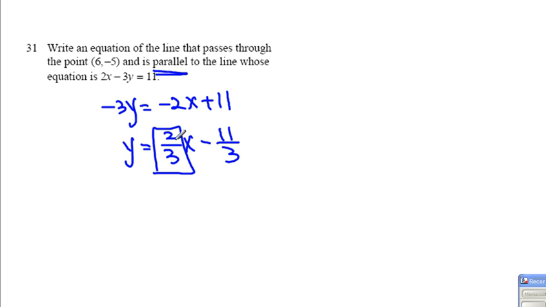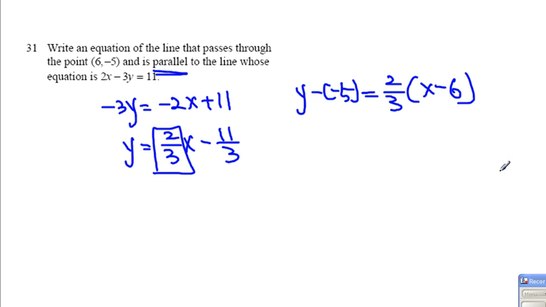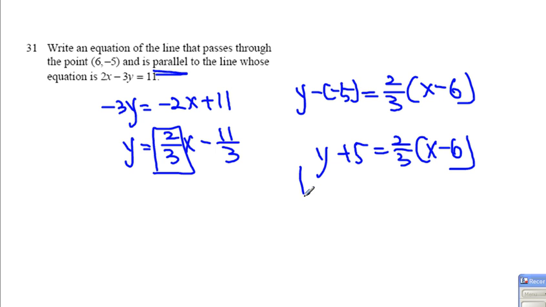But what we are concerned about is the slope, which is 2/3. With it passing through this point, we will have y minus negative 5 equals 2/3 times x minus 6. This will be point-slope form. So essentially y plus 5 is equal to 2/3 times x minus 6. That becomes your final answer.